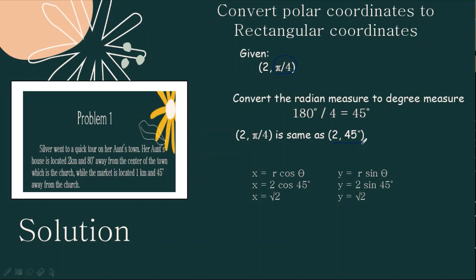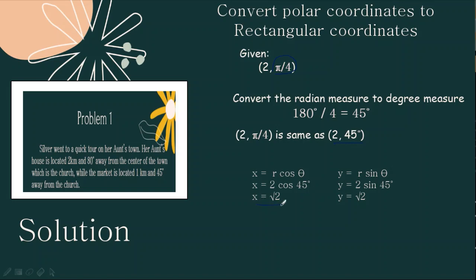Now we know the degree measure, and we know the radius already. Let's now proceed to the conversion. We will convert it to rectangular coordinates. Again, same process. In finding the x variable, we use r cosine theta, so we substitute the radius 2 and our polar angle 45 degrees.